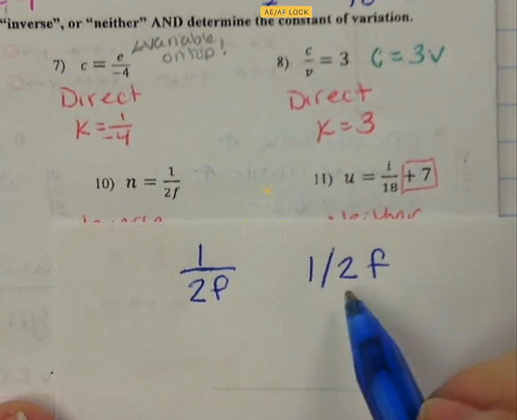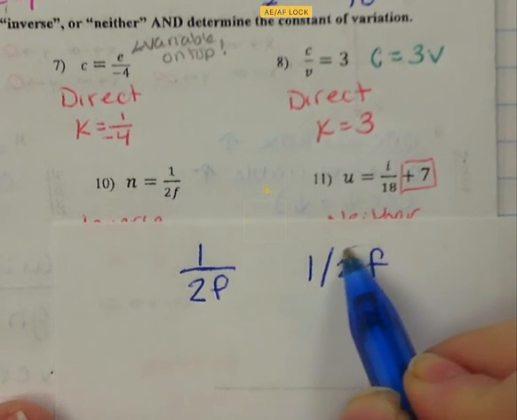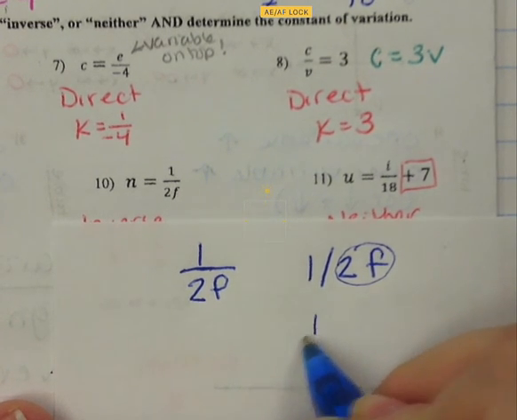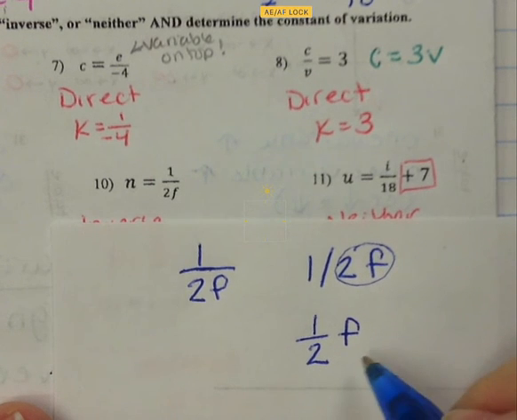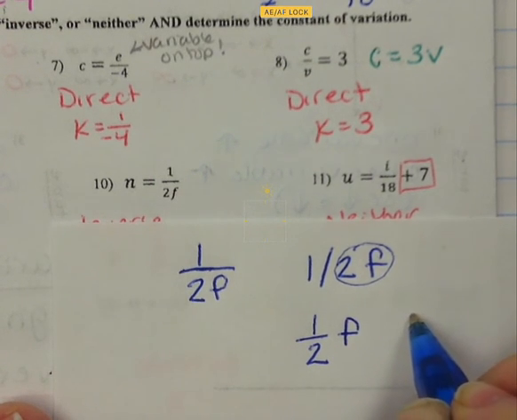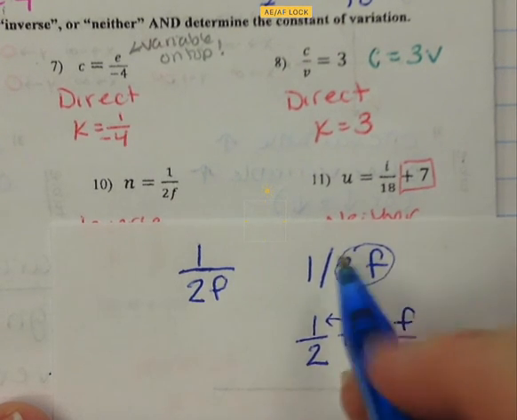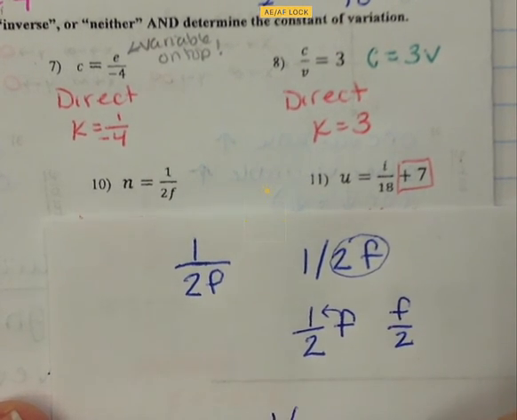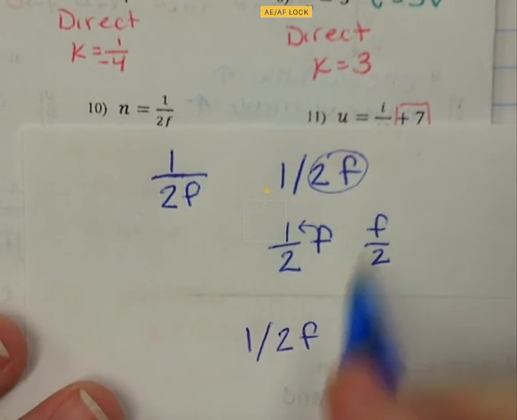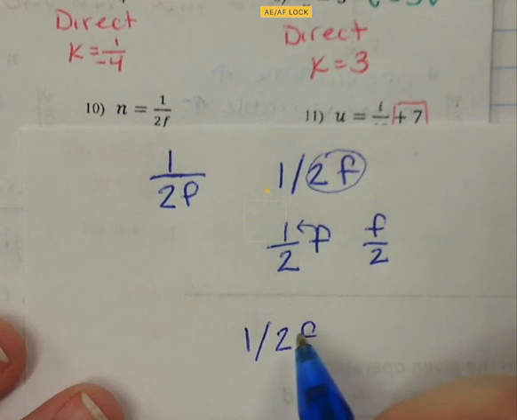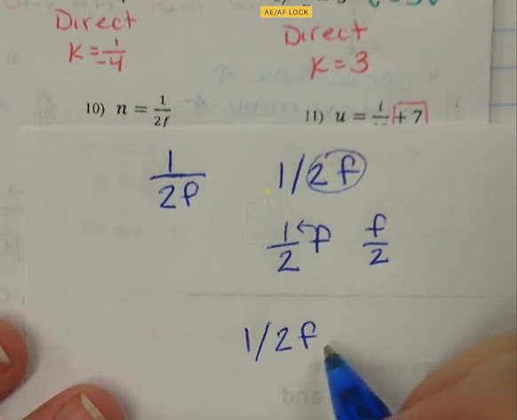Because you cannot determine if this f is in the denominator or if it's multiplied to the 1/2. Because 1/2f like that means that the f is actually in the top. If you just have 1/2f like that, you have to use parentheses. Right now, this is saying 1/2 times f, so this is a direct variation. This is an inverse, this is a direct.